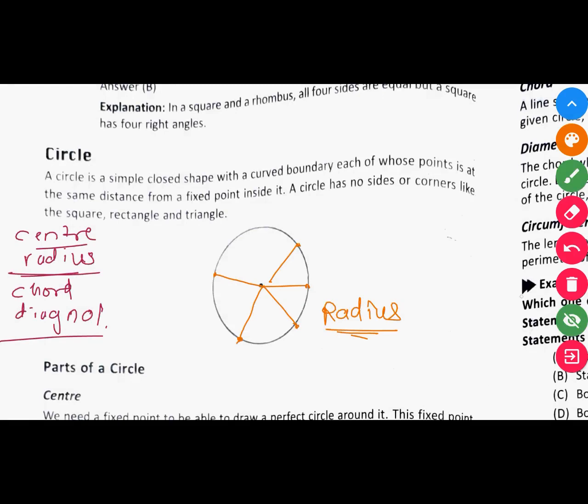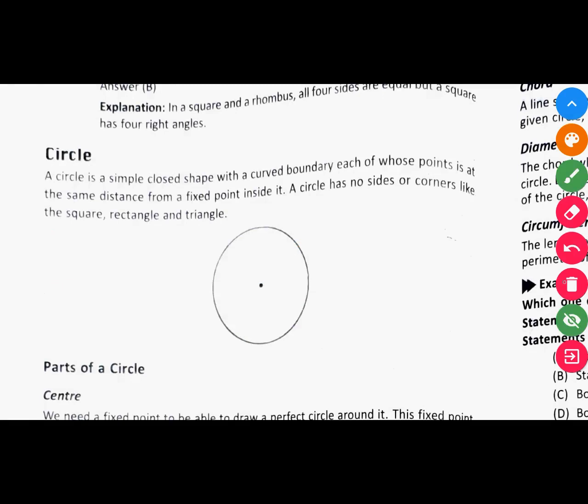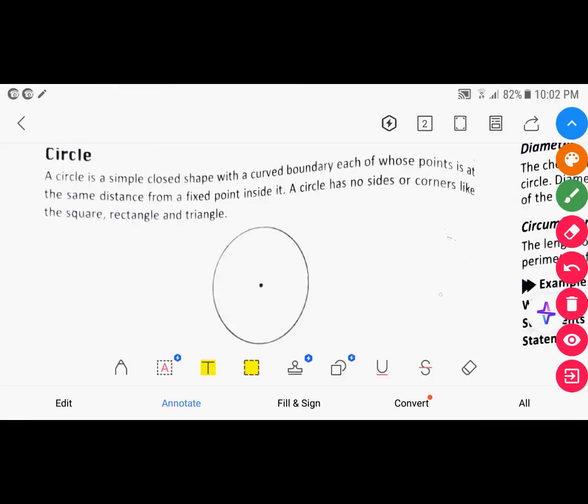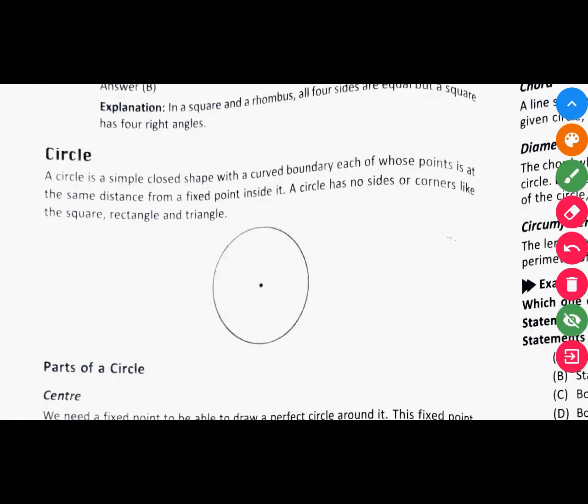Okay. Now what is meant by diagonal? We saw the definition of chord, right? If that chord passes through the center of the circle, then it is not called a chord, it is called a diameter.